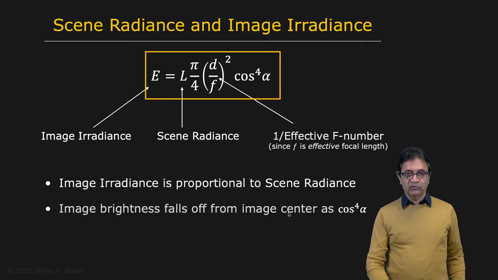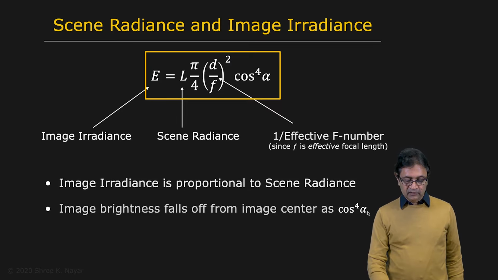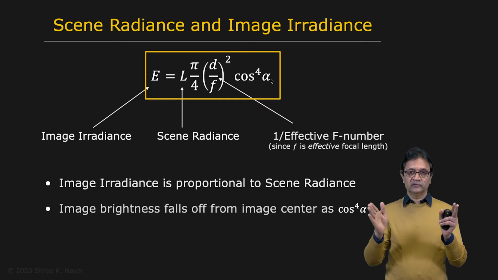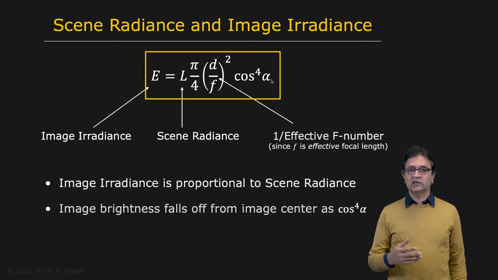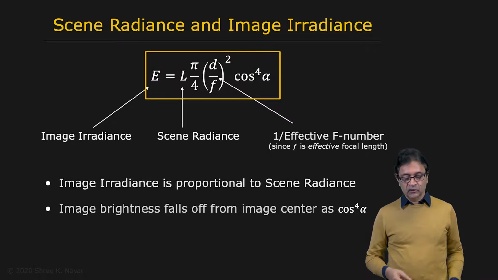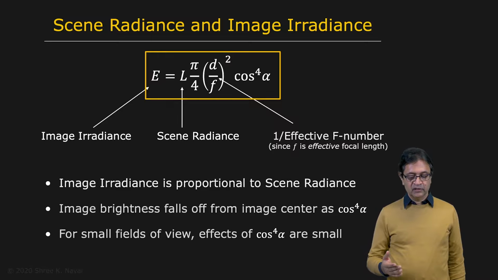That is, as you move away from the center of the image, the optical axis, this angle alpha increases, and you have this term here, which is cosine to the power of 4 alpha. So it begins to fall off. Now, of course, this is in the case of a single lens, and when you design a compound lens, you compensate for this effect. And the fall off is small as long as the field of view is small.